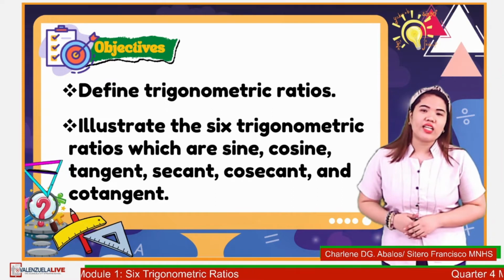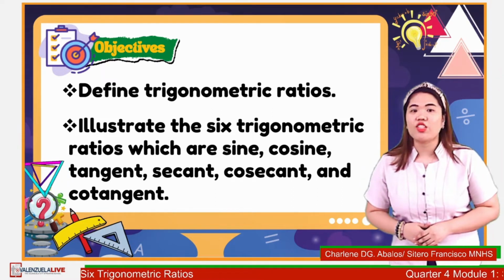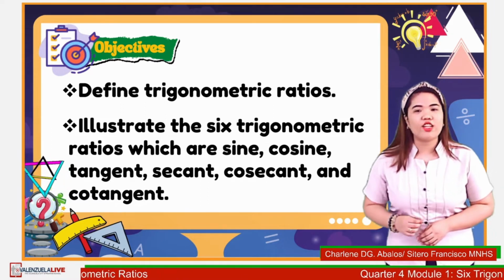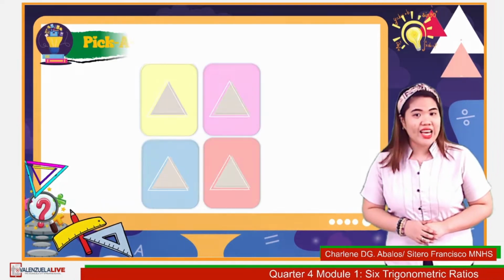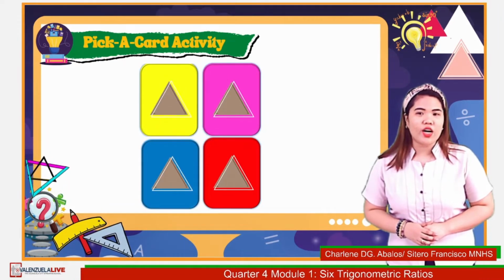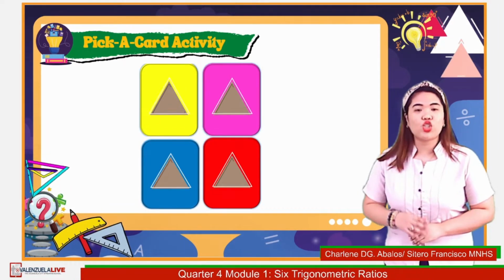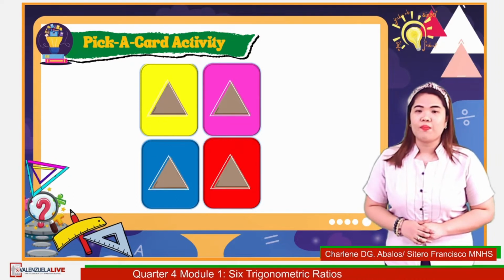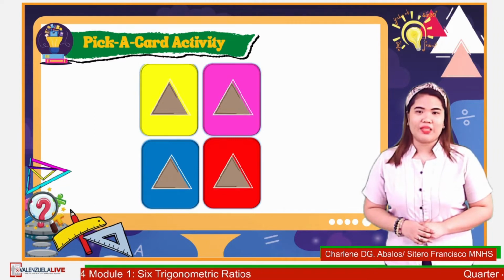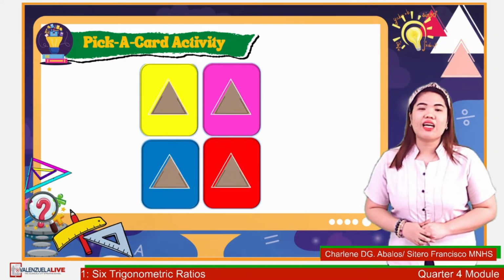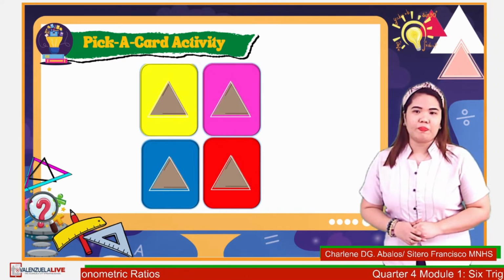It is very important that you have knowledge in right triangle to fully understand the concept of the trigonometric ratios. With this, let's review on the parts of the right triangle, which are the hypotenuse, the adjacent side, and the opposite side. Let's have a pick a card activity.